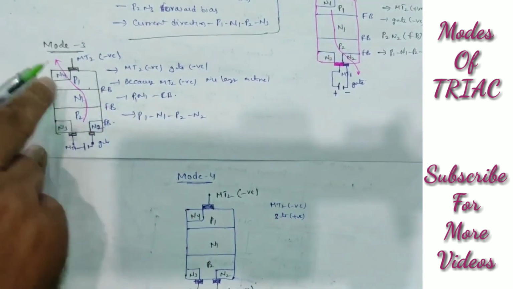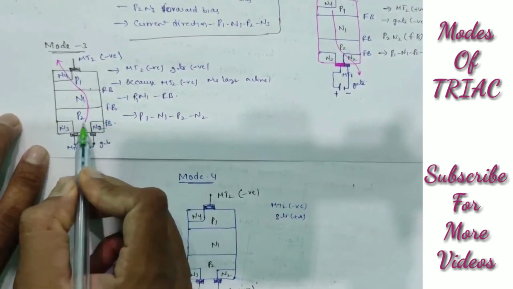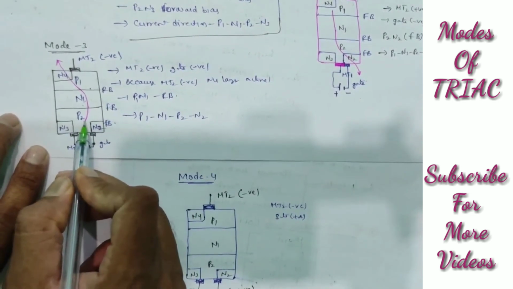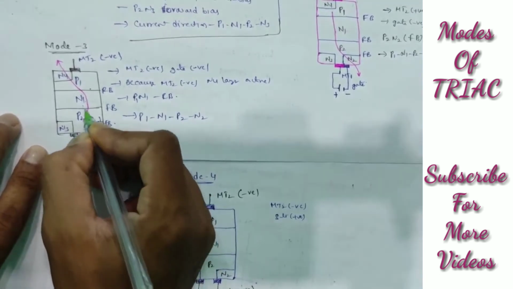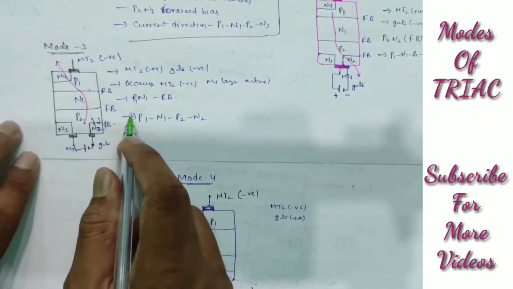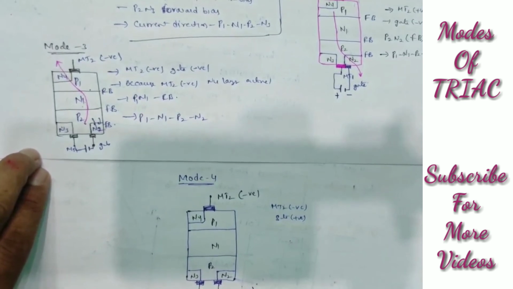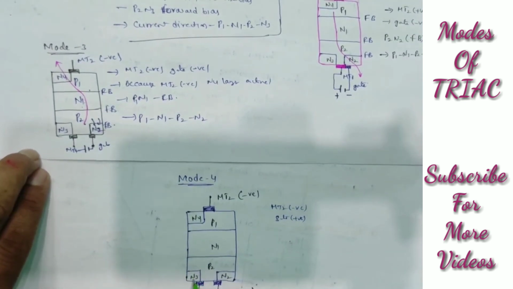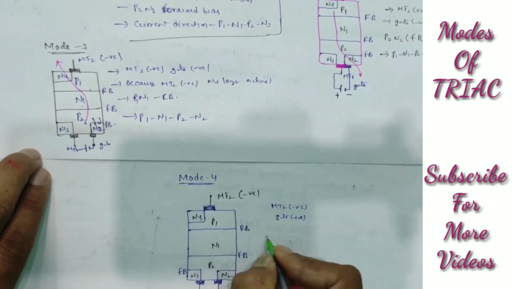In mode 3 and mode 4, the current directions are the same, but here the current direction is from P2, N1, P1, N4, whereas here the N3 will appear, because here MT1 is negative with respect to this, so N3 is also negative. That's why here we are having the forward bias, whereas here the reverse bias.